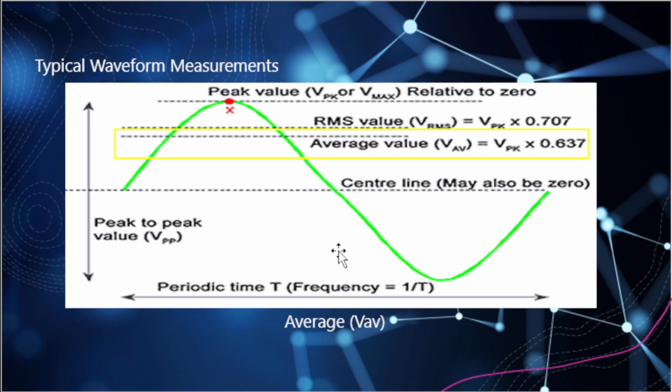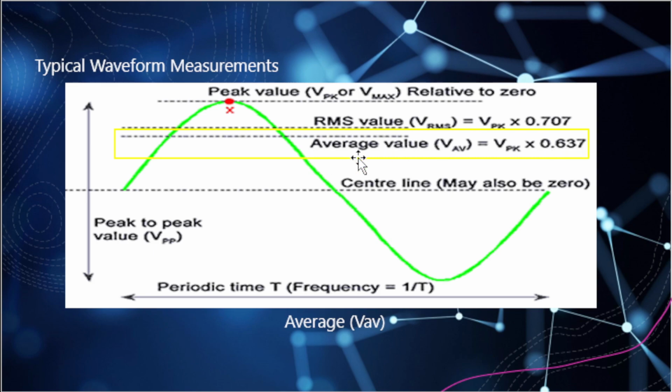Then we have average voltage measurements, typically abbreviated V, then lowercase av. The average value is actually a mathematical equation conducted by measuring your V peak, meaning 0 to upper end, and then multiplying that by 0.637.